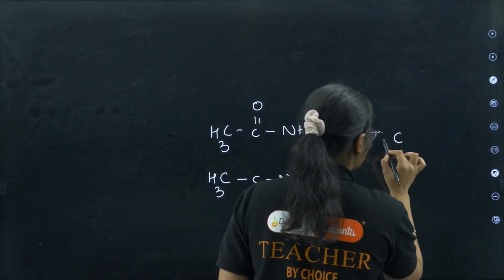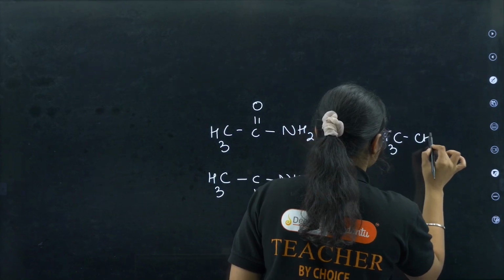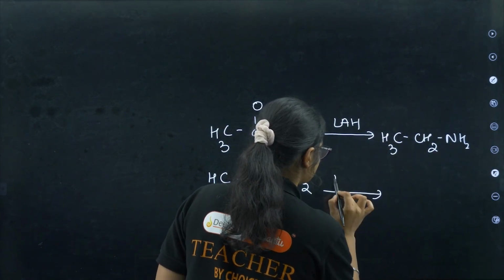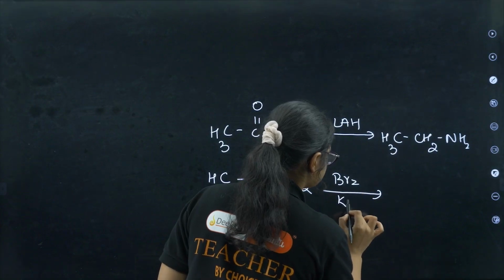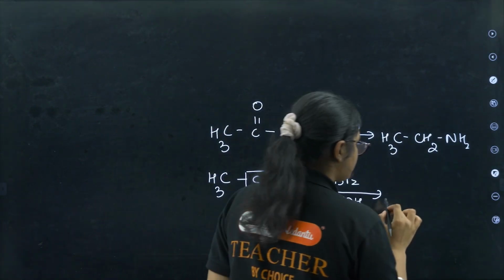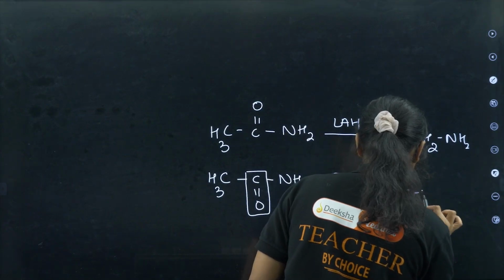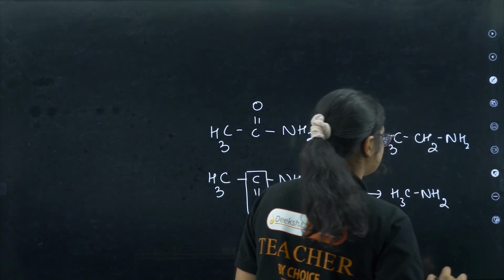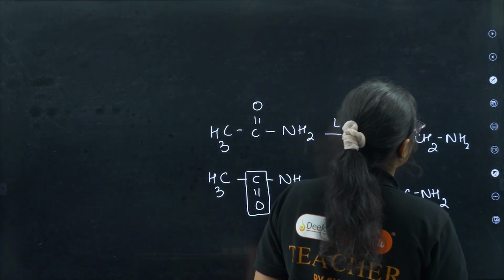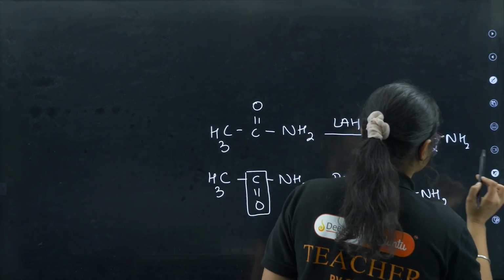So what is the product here? CH3CH2NH2. But if you use bromine and KOH, that is your Hofmann bromamide degradation, this CO group will go, and you will get CH3NH2. Clear? Okay, fine.